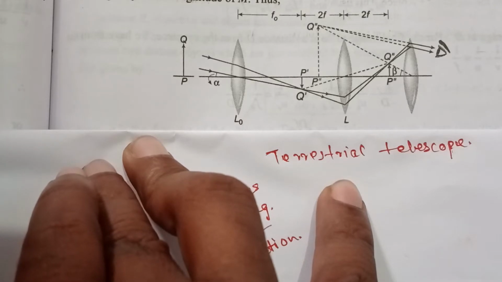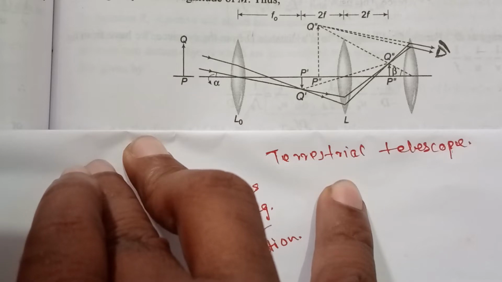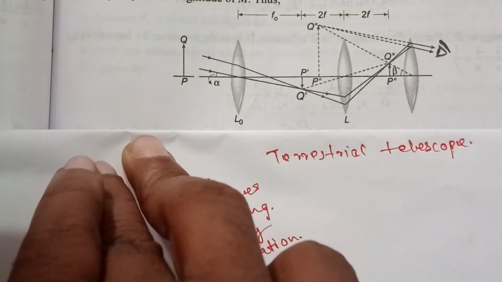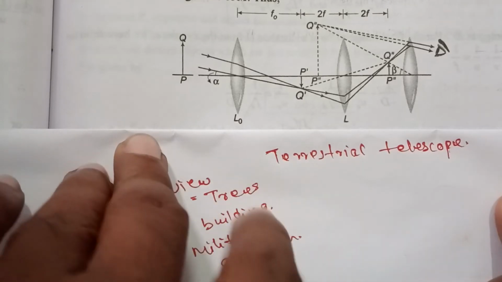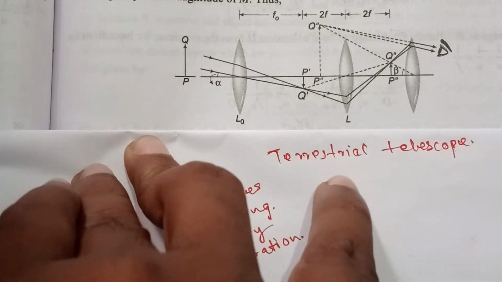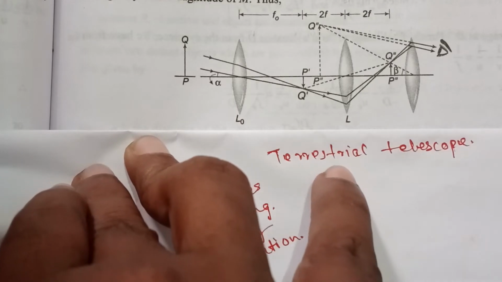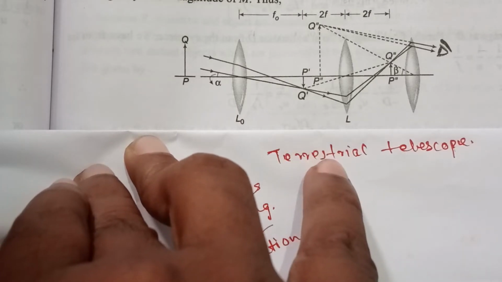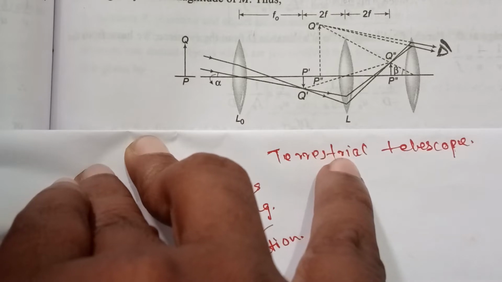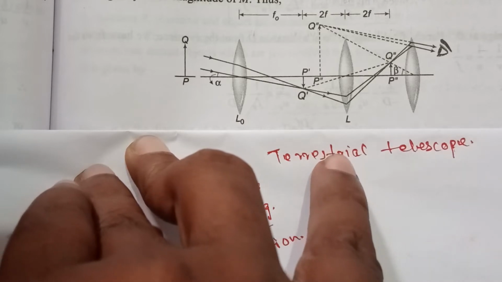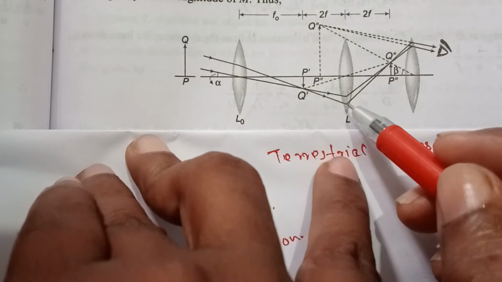It is placed at a distance of 2f from the eyepiece. So to rectify the difficulty involved in the astronomical telescope, we have used a lens having focal length f in the terrestrial telescope.